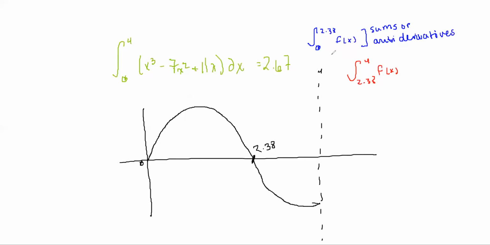So basically they solved it. They said this chunk, the area under this curve from 0 to 2.38, is equal to 7.72.